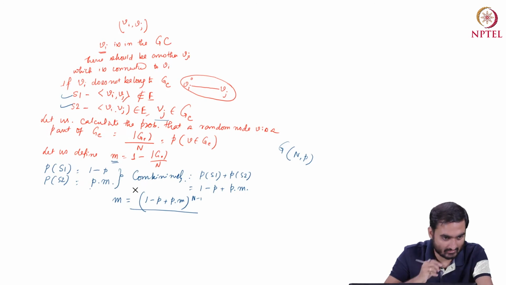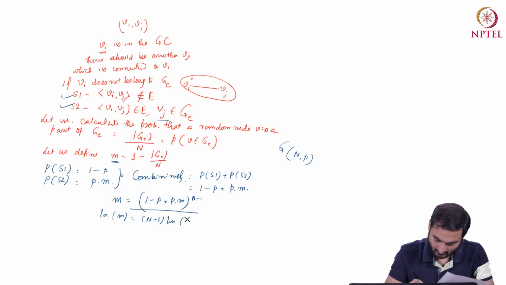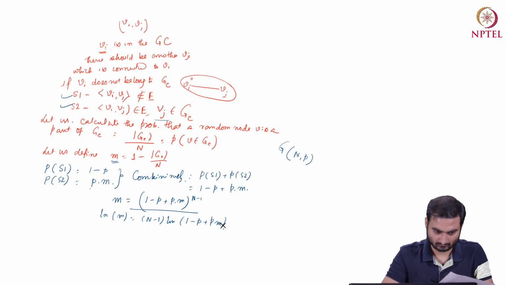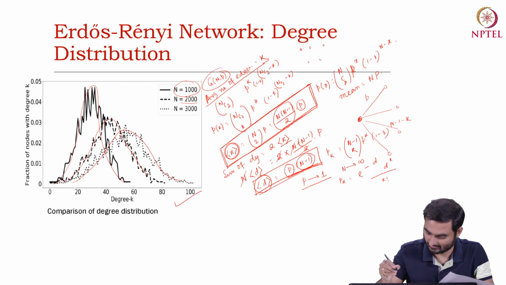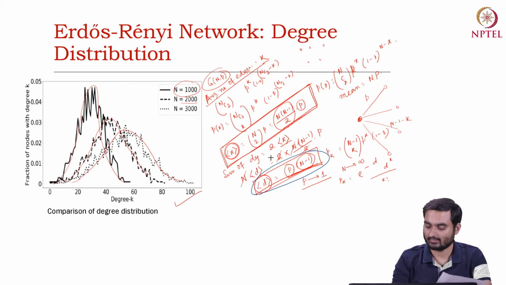Now let's do some tweaks. Let's take the log on both sides. We'll have log of M, which is n minus 1 times log of 1 minus P plus PM. We have already seen in our last discussion that the average degree D is P into n minus 1.